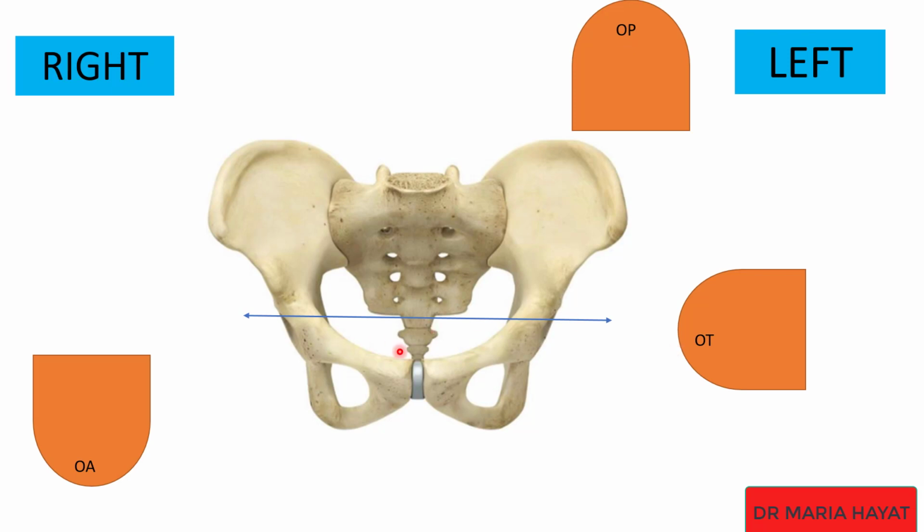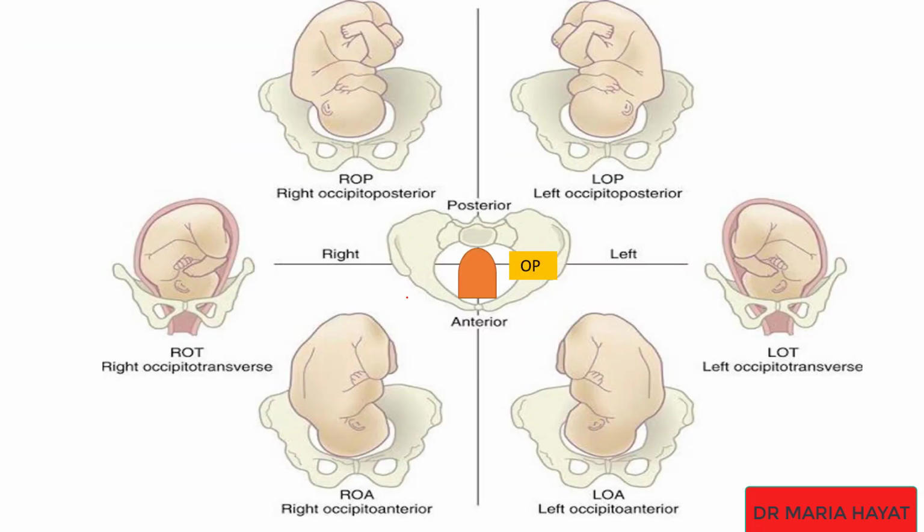But if it is halfway between the anterior and the posterior, it is called occiput transverse. Now, if the occiput is directly behind the maternal sacrum, it is called direct occiput posterior.